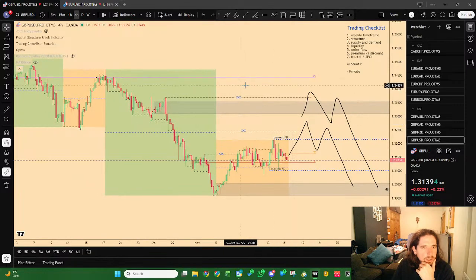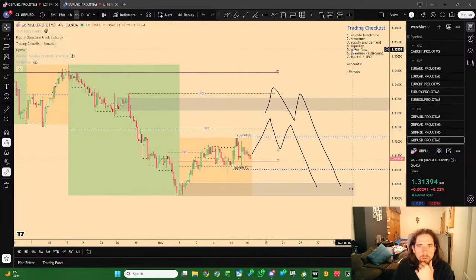So liquidity, there's liquidity there. Supply and demand, there's an area of supply over there, and there's liquidity just above it. Order flow, we're still in this bullish order flow over here. Premium versus discount, we're currently in discount. There's the 50% mark.